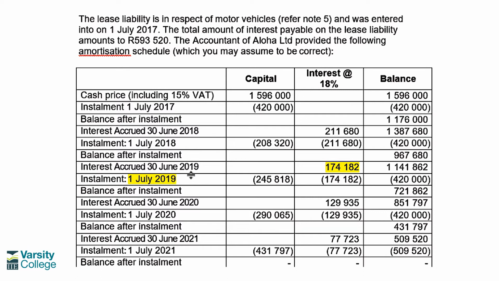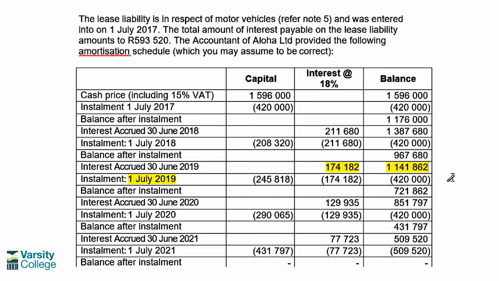Okay, let's unpack it a little bit further. Again, let's think of what we're being asked to do in this question. So we need to disclose the lease. What is the balance on the lease at the end of June 2019? Again, just use your amort table. So at the end of June 2019, 114,1862 is the amount owing on this lease.